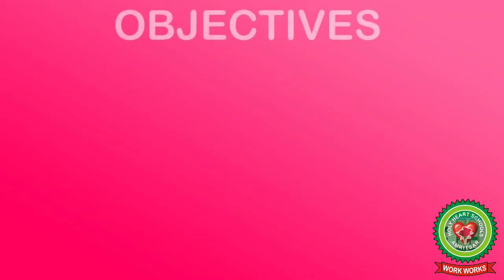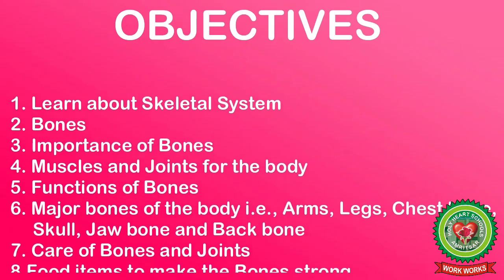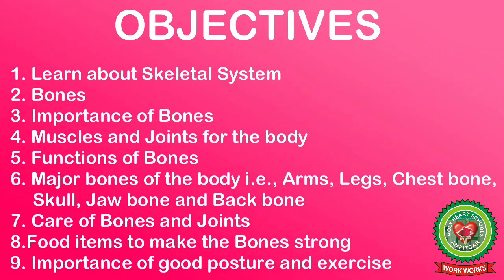So students, objectives of this chapter are: learn about skeletal system, bones, importance of bones, muscles and joints for the body, functions of bones, major bones of the body, that is arms, legs, chest bone, skull, jawbone and backbone, care of bone and joints, food items to make the bones strong, and importance of good posture and exercise.